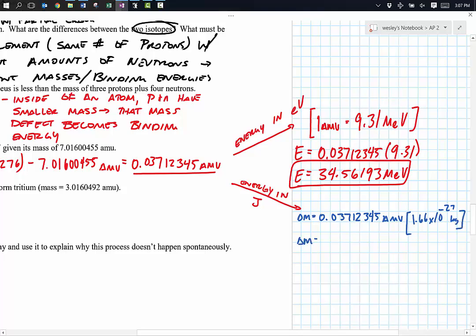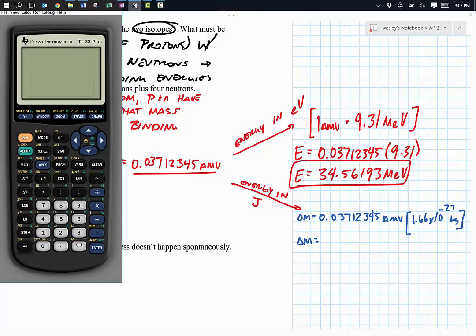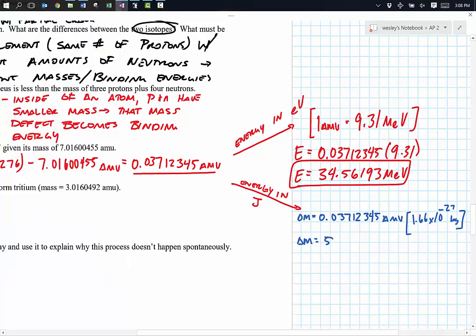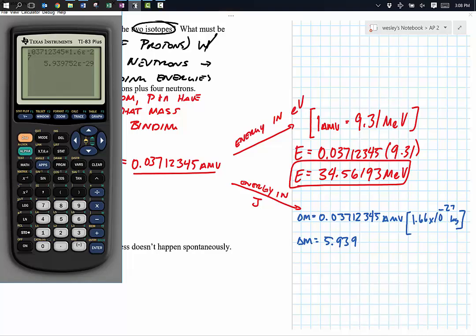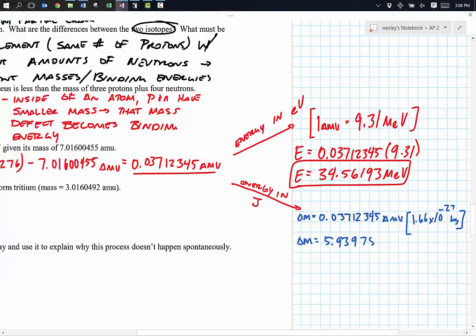So 0.0371234 times 1.66 times 10 to the negative 27th gives me a change in mass of 5.939752 times 10 to the negative 27th kilograms.